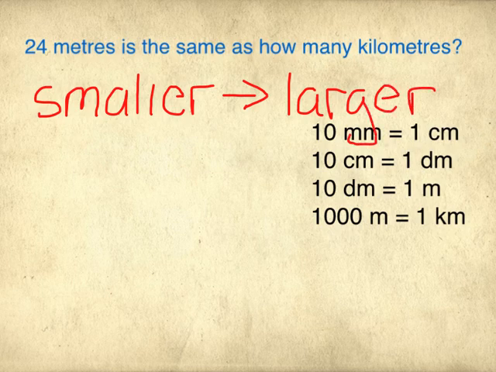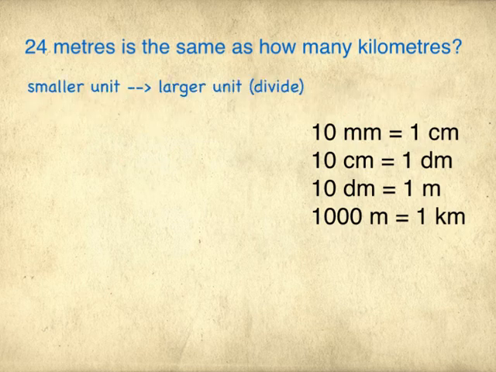And once again, that means that we have to divide. Once again, we have to look at our key, and we are going from kilometers to meters. Now, when we jump from kilometers to meters, we are crossing over 3 zeros. But this time we have to divide.